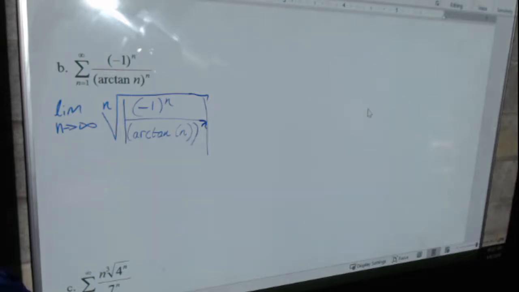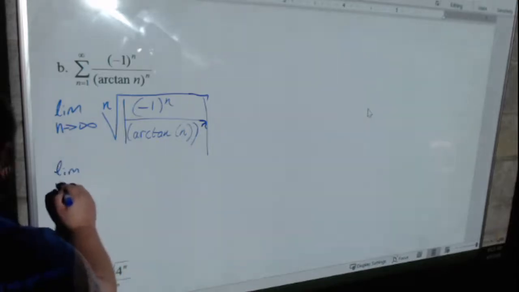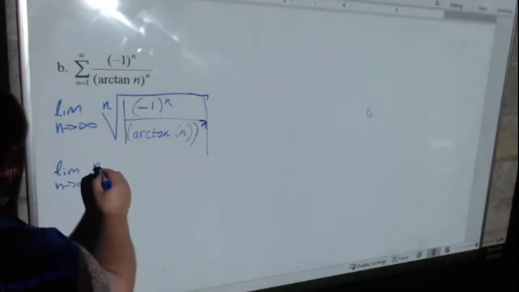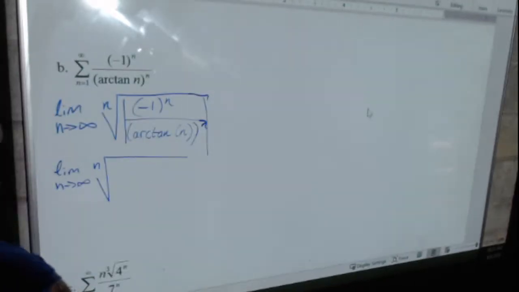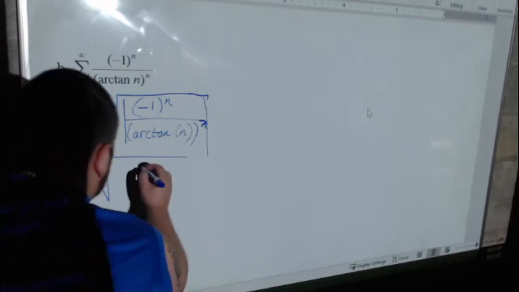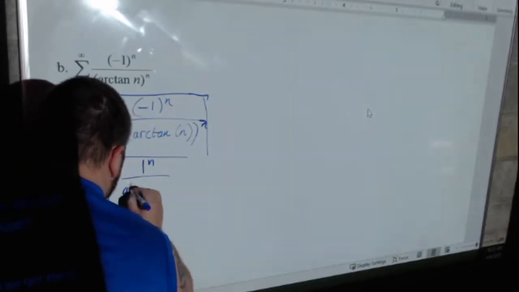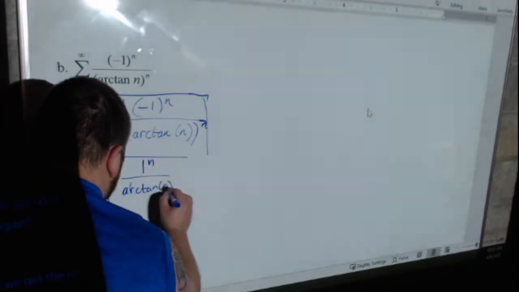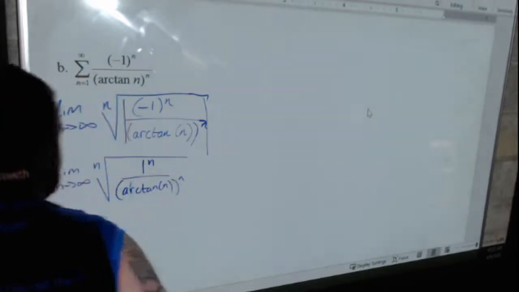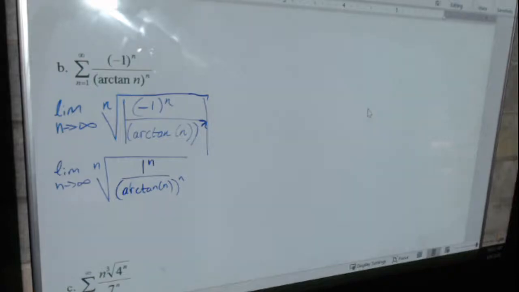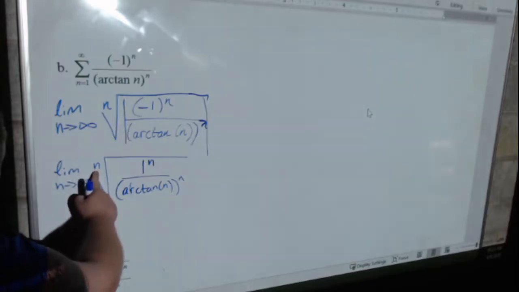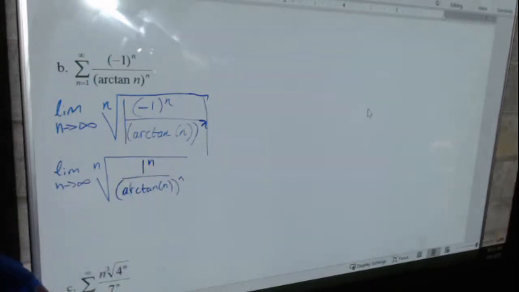Right, because -1 to the n alternates, but the absolute value makes it a 1. And in fact, we're allowed to write 1 as 1 to the n. Then I've got the nth root of two things to the power n.